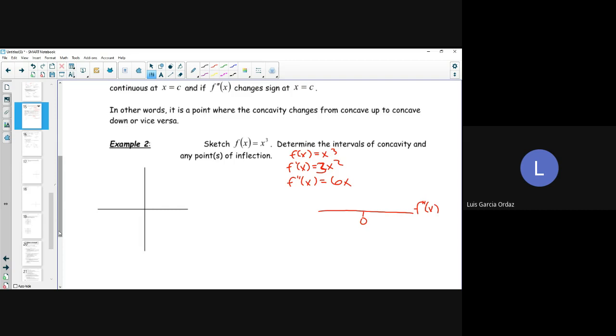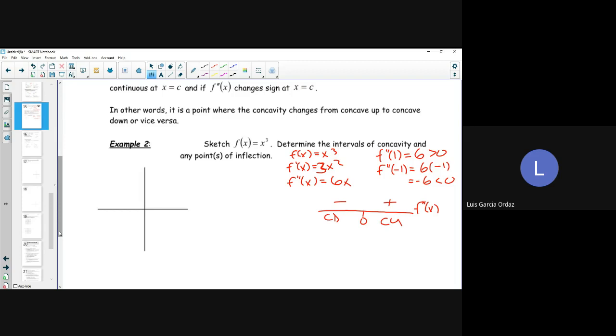So if I go to the right of 0, if I put f double prime of x at 1, I get positive 6, which is bigger than 0. So this means that this is concave up. If I put in negative 1, 6 times negative 1 gives me negative 6, which is less than 0, which means that I'm concaving down as my x's get closer to the negative numbers.